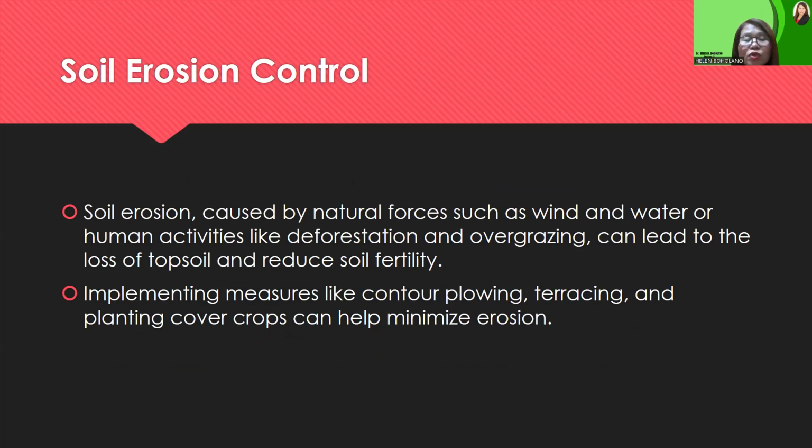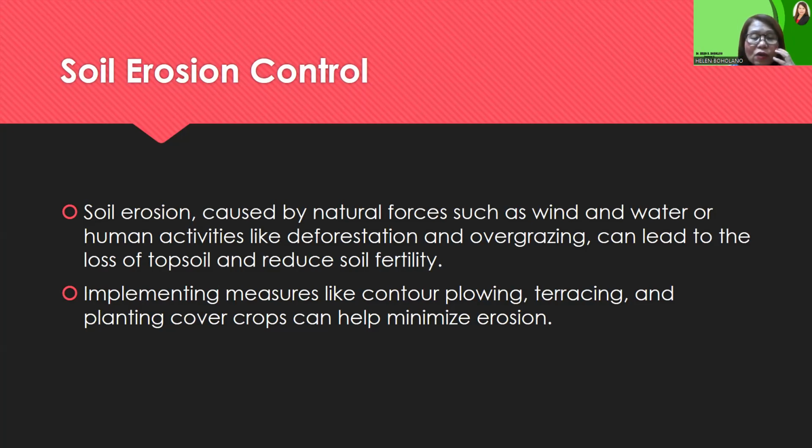Soil erosion caused by natural forces such as wind, water, or human activities like deforestation or overgrazing can lead to loss of topsoil and reduce soil fertility because it will erode. Mga gikan sa bukid, mga tagak, so ang fertile soil nawala.